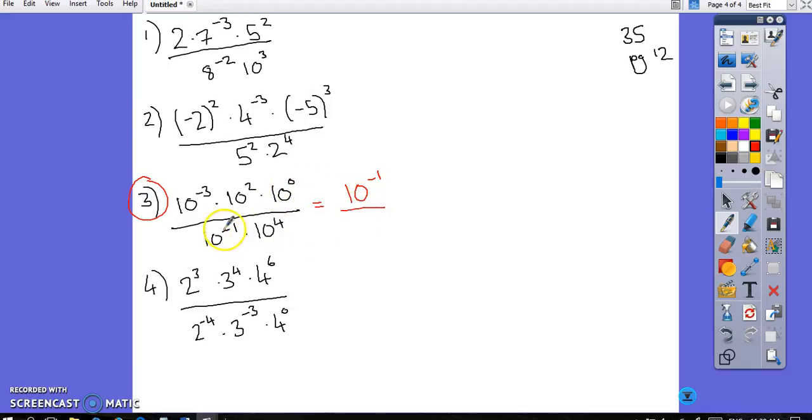On the bottom, negative 1 plus 4 gives me 10 to the power of 3. And then, using the division rules, I have minus 1 minus 3 gives me a result of 10 to the power of negative 4, which, looking at the options from A to F, is the same as 1 over 10 to the power of 4, which is option F.